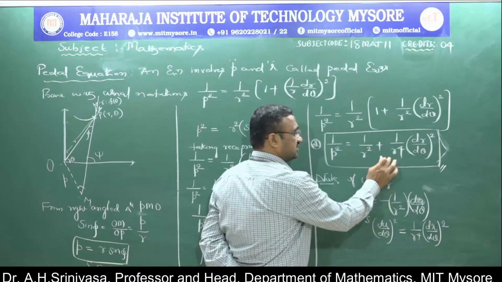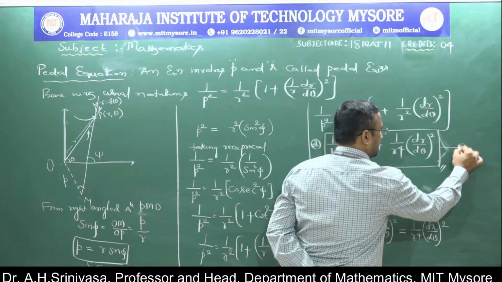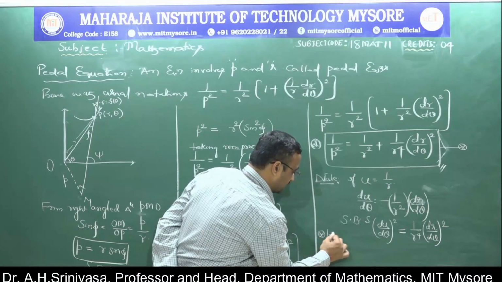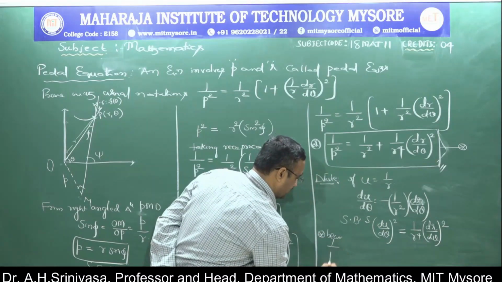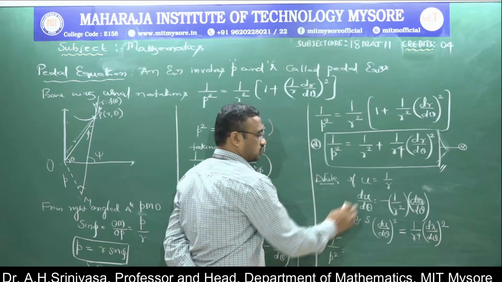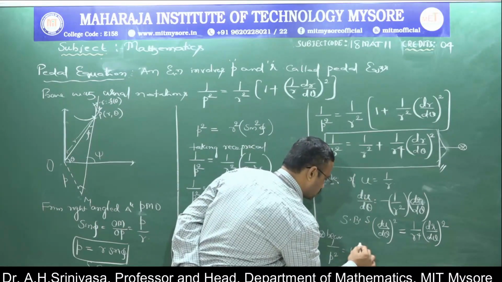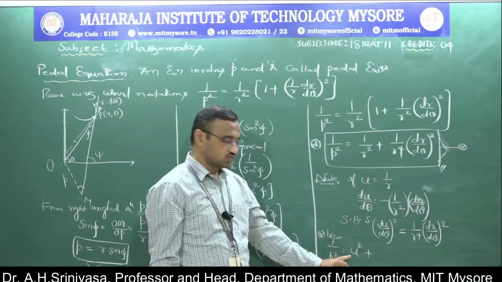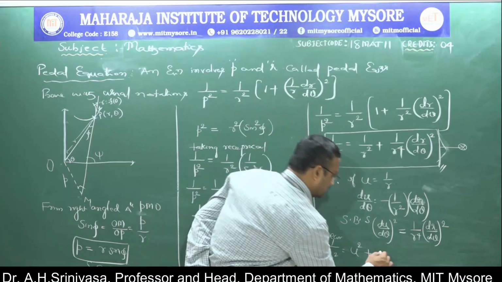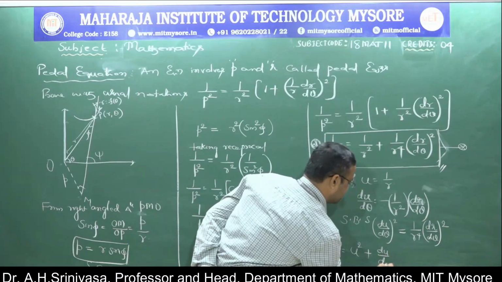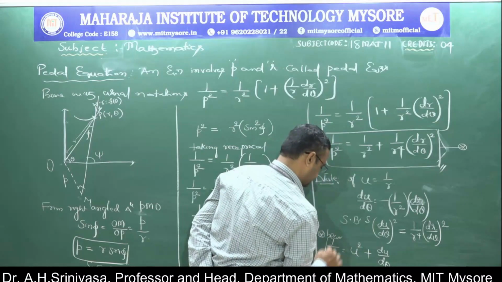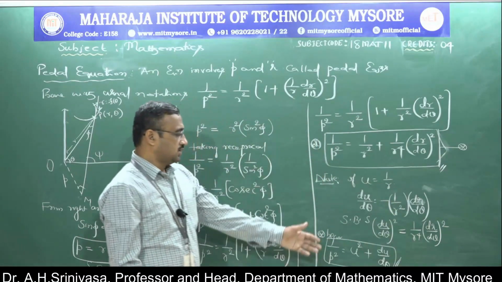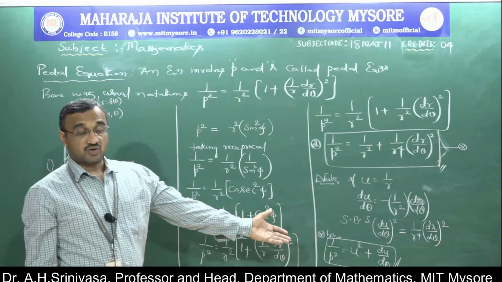Now I'm going to substitute this in the star equation. The star becomes 1 by p square equal to u square plus du by d theta whole square. We can also write the Pedal equation in another form.